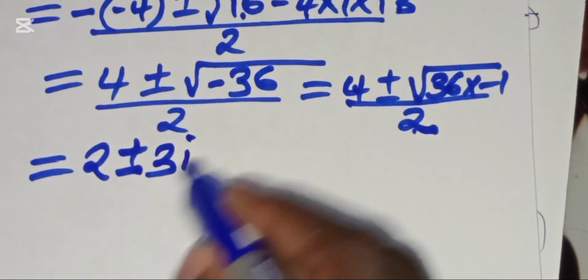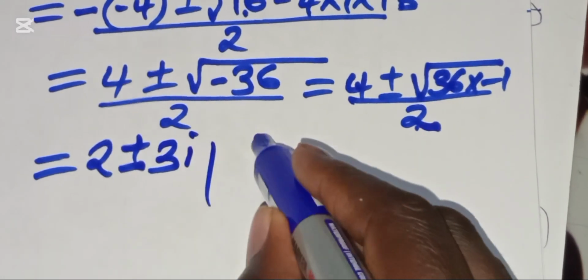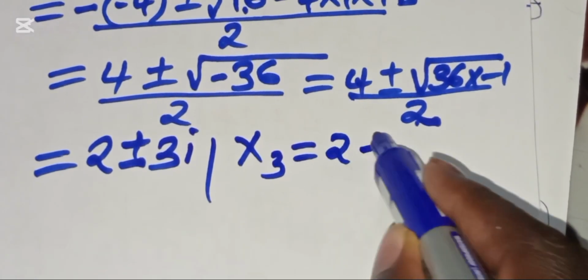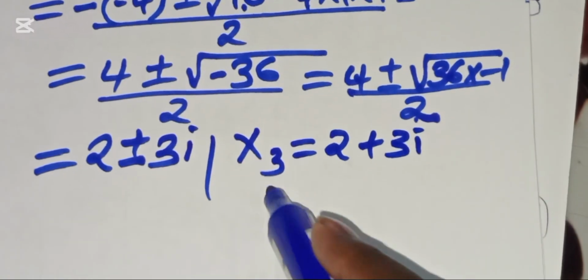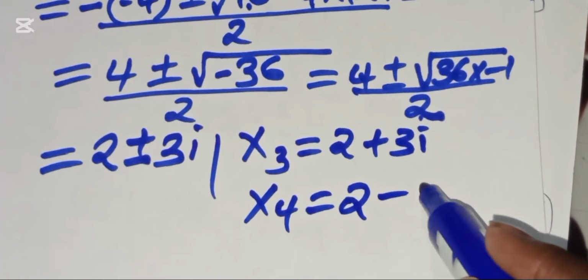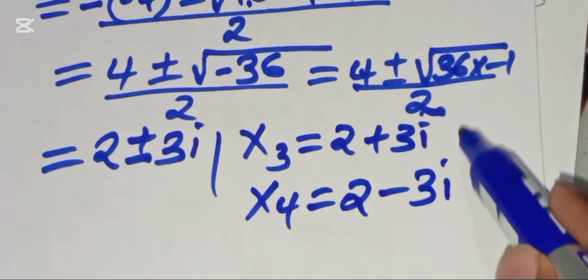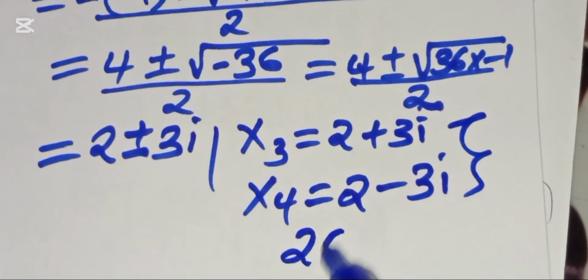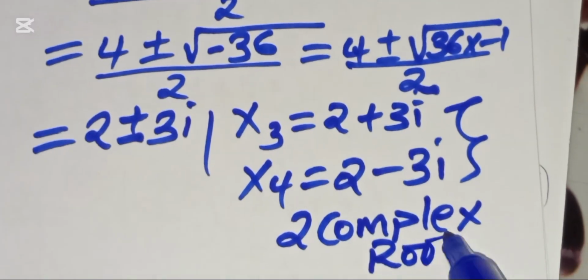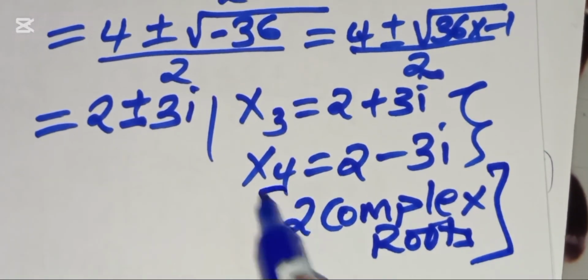That means x3 is equal to 2 plus 3i, and x4 is equal to 2 minus 3i. These are two complex roots.